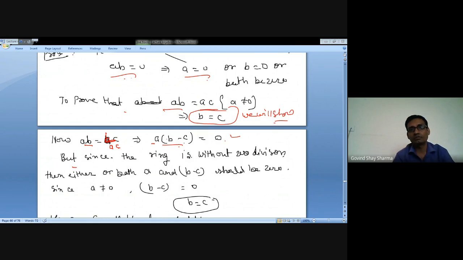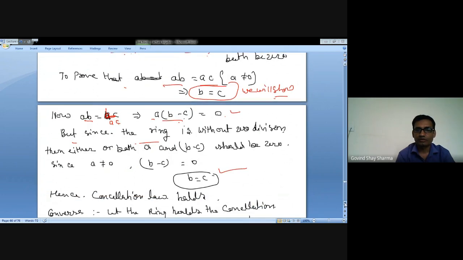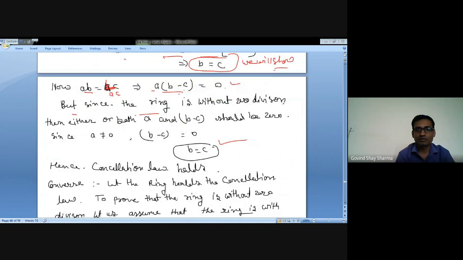So if A is equal to 0, then it's okay. But if B minus C is equal to 0, then we get B is equal to C. That means the cancellation law.